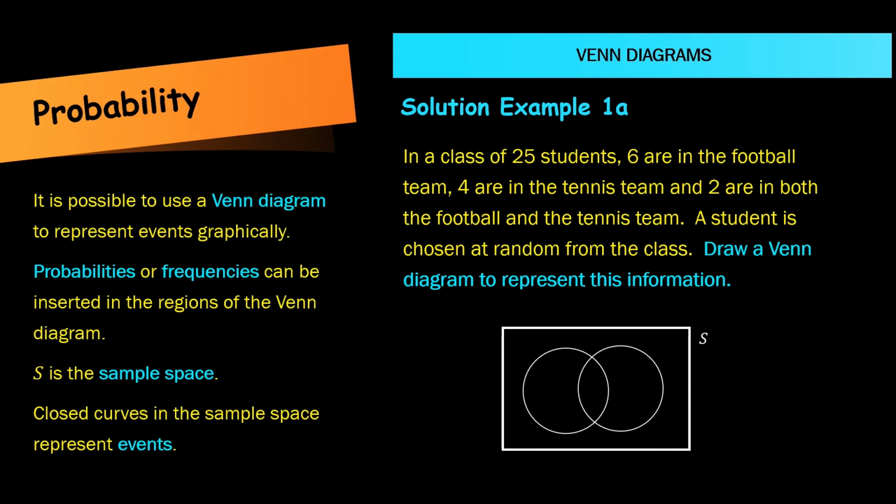We begin with the sample space S, as shown, and two circles. One represents the football team, and one represents the tennis team.